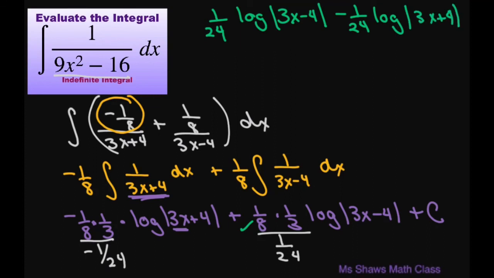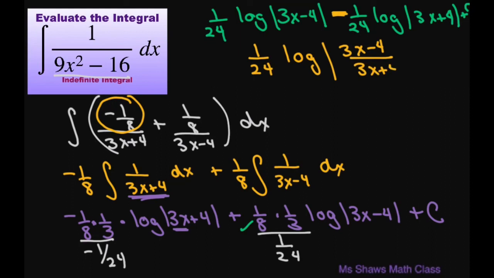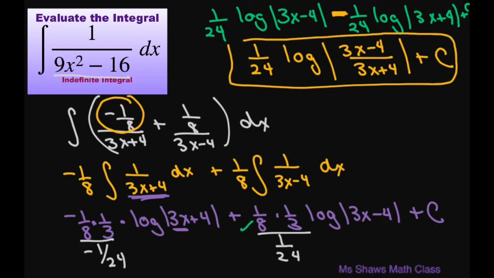And then we still have our plus C. I'm going to use my properties of logarithms and write this as a single log. So with this minus, you use the quotient property, and you can write it as the log of absolute value of 3x minus 4 divided by 3x plus 4 plus your unknown constant. And that will be your final answer.